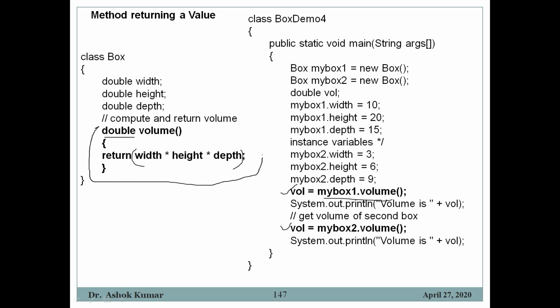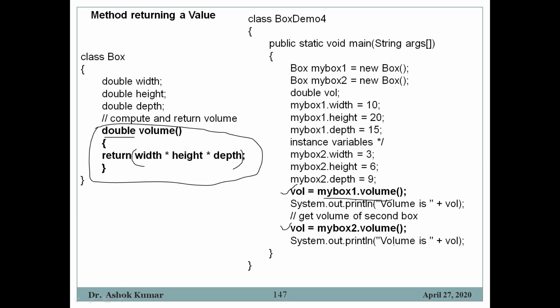When this is called through this line, it will again find the product of width, height, and depth. This time the values of width, height, and depth are 3, 6, and 9. So the product of 3, 6, and 9, which is 162, will be returned back to the calling method. So here it will be returned back to the variable volume, and with the next line you will get the value of the volume.